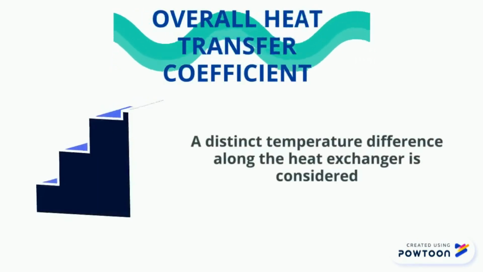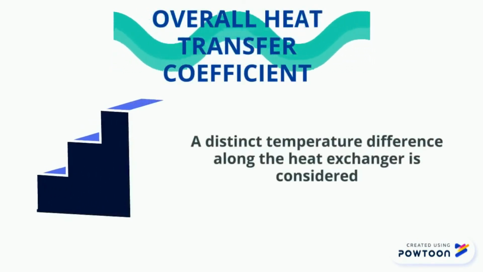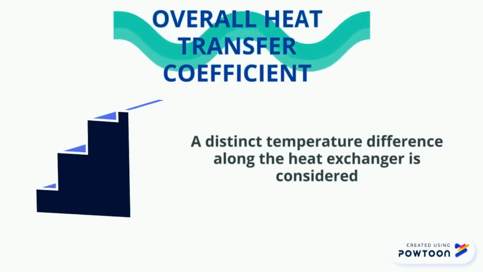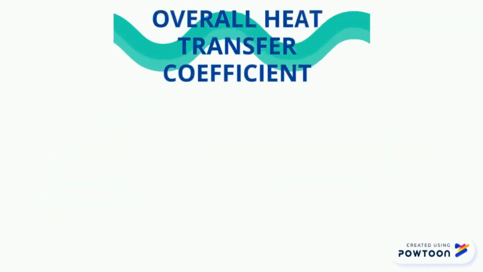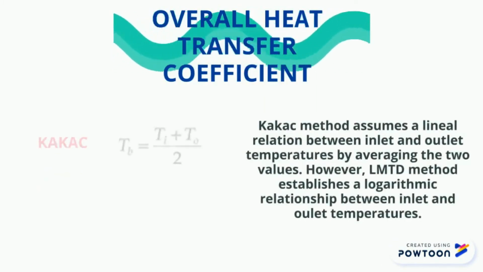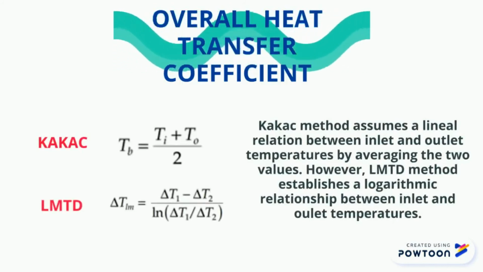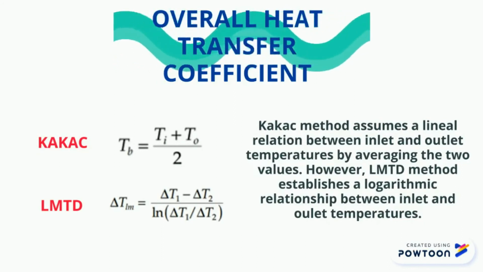This discrepancy might be due to the fact that in all three methods, a distinct temperature difference along the heat exchanger is considered. The CACAC method assumes a linear relation between inlet and outlet temperatures by averaging the two values. However, the LMTD method establishes a logarithmic relationship between inlet and outlet temperatures.